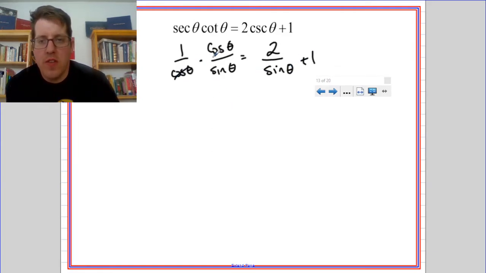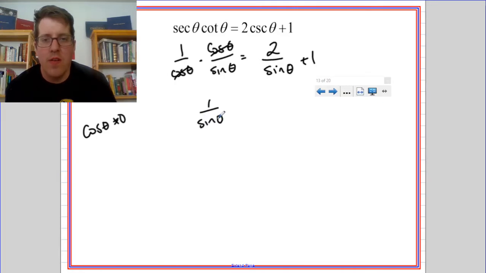Oh, look, those cosines cancel out. So, as long as the cosine of theta does not equal 0, we're good to say that this is 1 over the sine of theta equals 2 over the sine of theta plus 1.